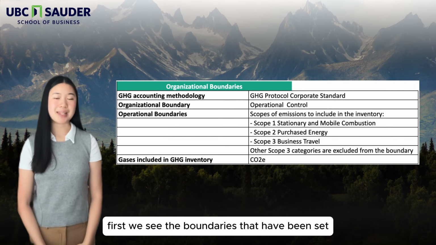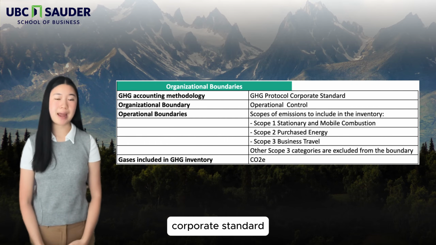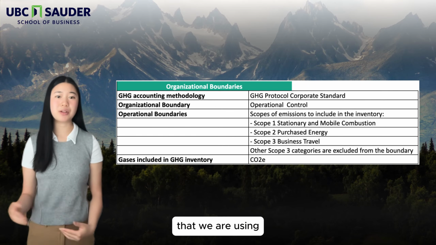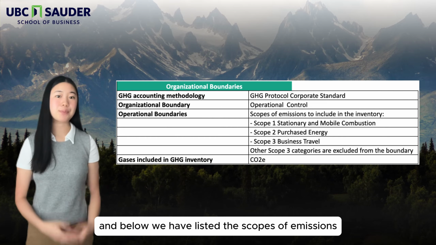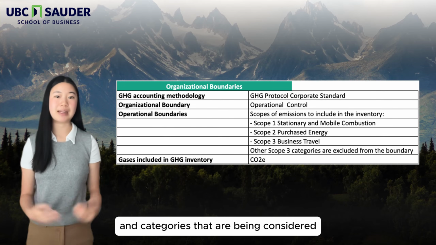First, we see the boundaries that have been set. We can see that the Greenhouse Gas Protocol corporate standard is being used as the accounting methodology, that we are using operational control for the organizational boundary, and below, we have listed the scopes of emissions and categories that are being considered.